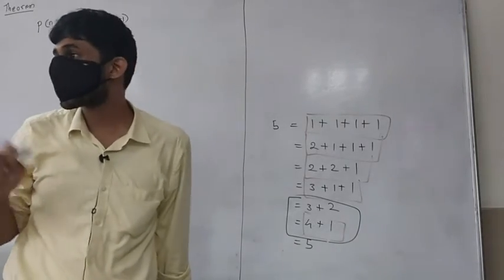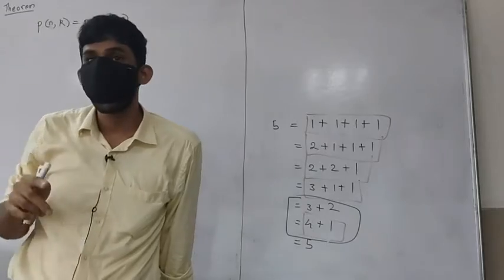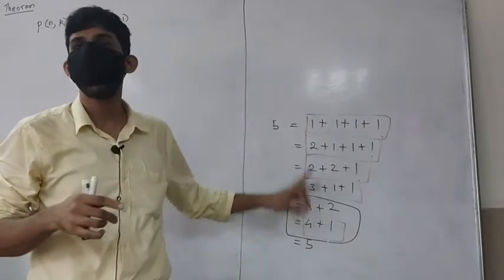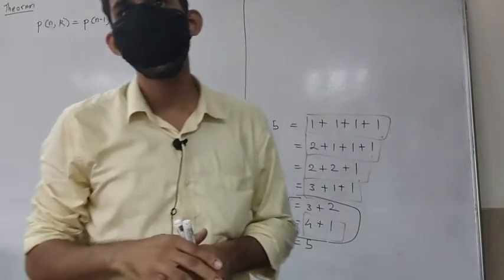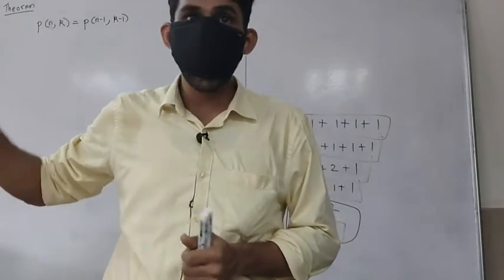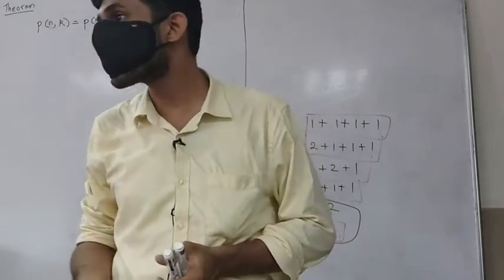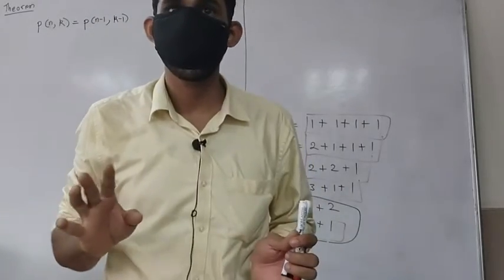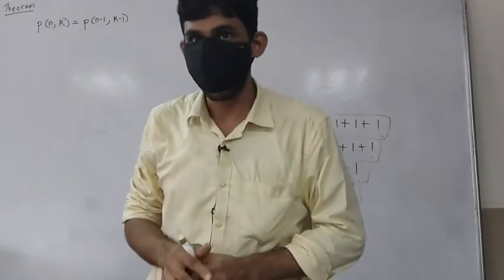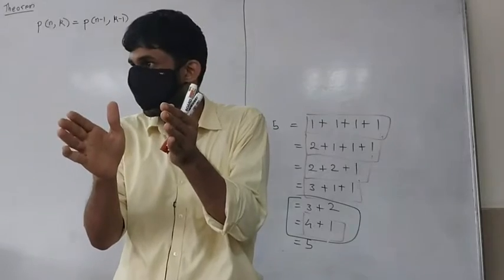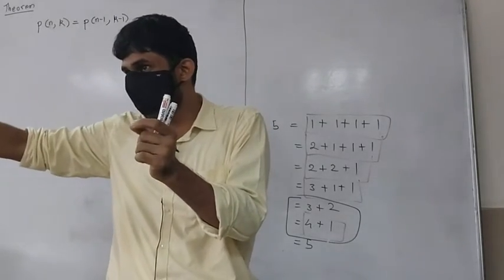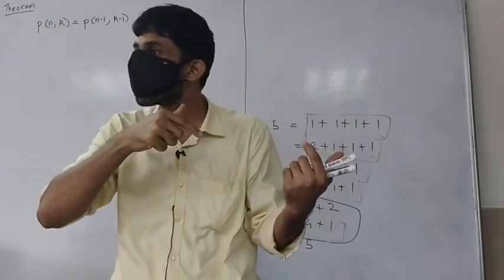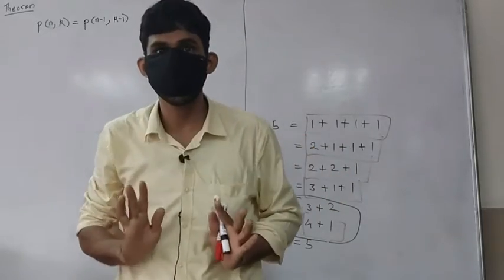I will get a partition of 5 minus 2. In general, I will get a partition of n minus k into how many parts? K parts. Okay, check back and see. So if you have a partition of n into k parts, by subtracting 1 from each of them, you will get a partition of n minus k into k parts.